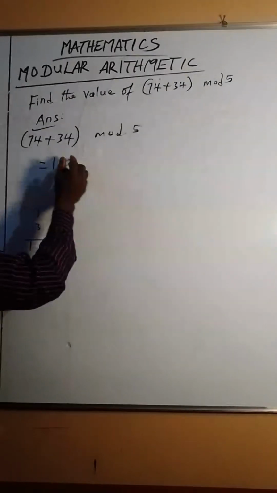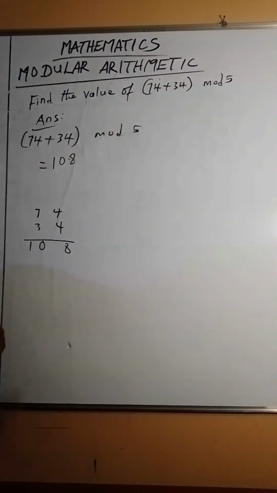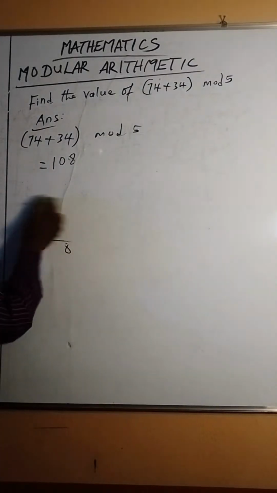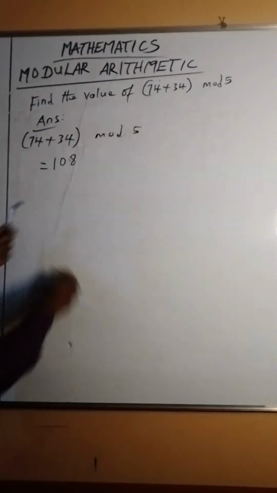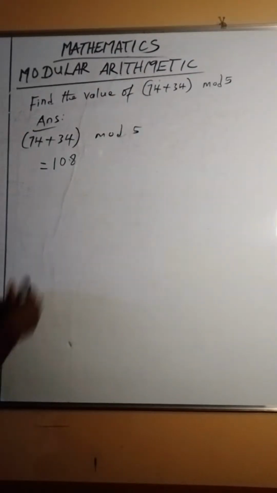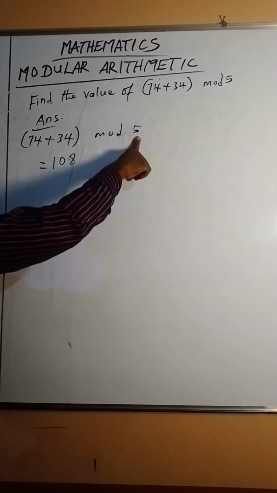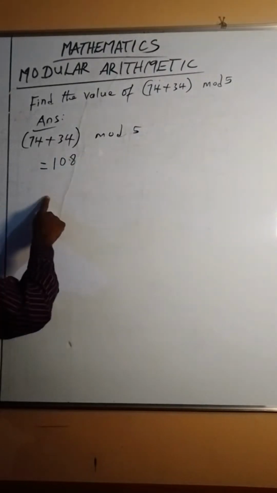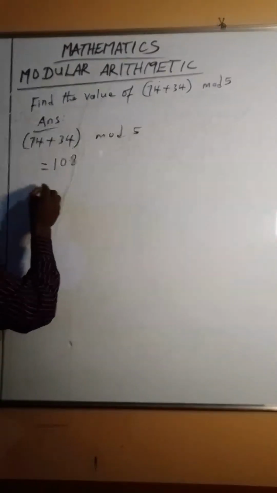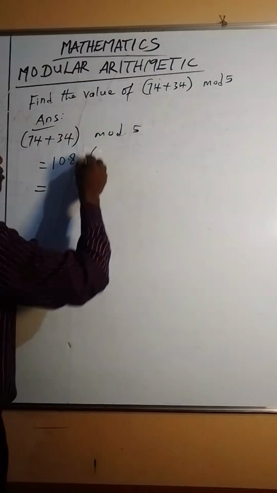But 108 is not the final answer to the question, because we are dealing with mod 5. So we have to divide this by 5 and write down the remainder.